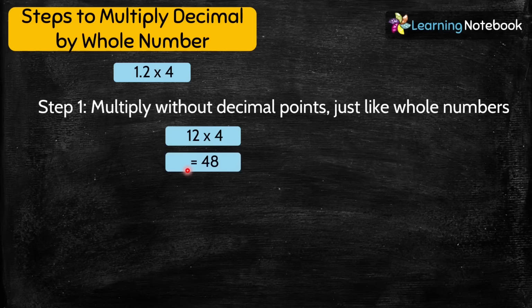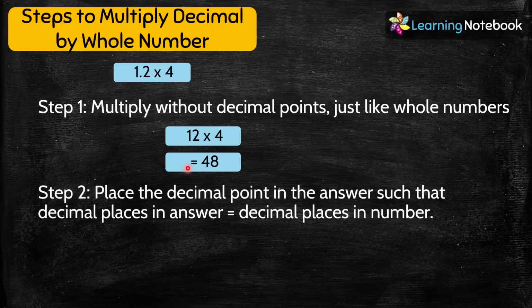Now, step 2 is place the decimal point in the answer such that decimal places in the answer equal decimal places in the number. So students, number of decimal places in the question is 1. So in the answer, we will put a decimal point at 1 decimal place. So answer will be 4.8.